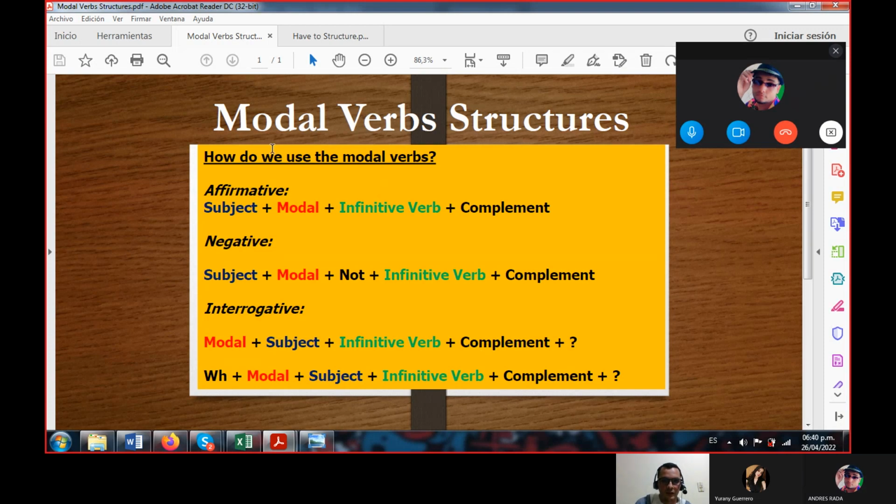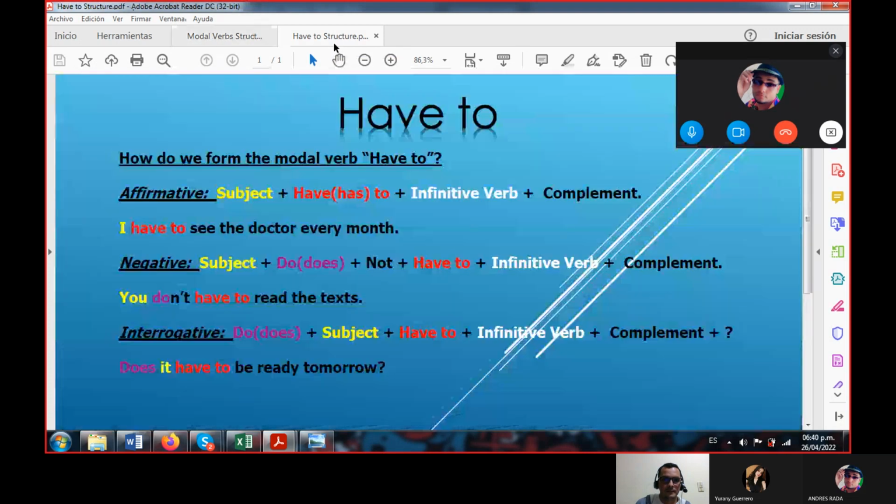Ok. Con el have to tenemos lo siguiente. Con el have to ya necesitamos el auxiliar do para las oraciones negativas y para las oraciones interrogativas. Necesitamos hacer uso del auxiliar do. Y va después del sujeto en la negativa y antes del sujeto en la interrogativa.